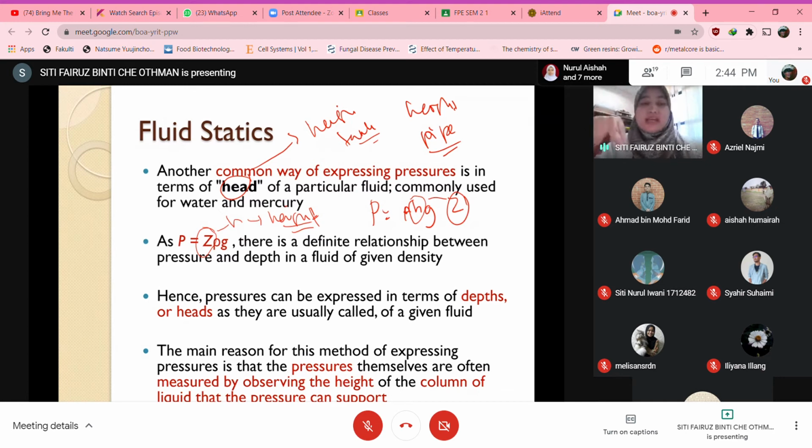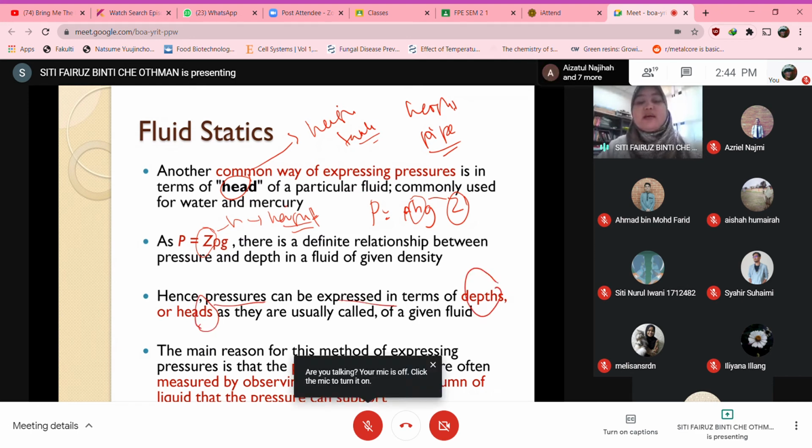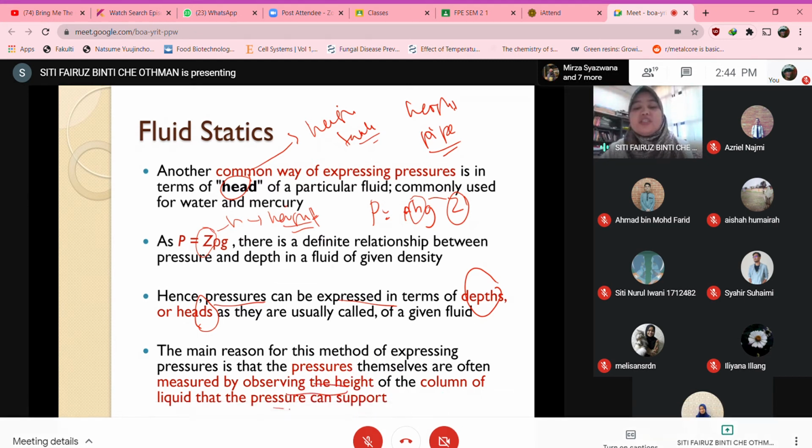Okay, so like I told you before, the pressure can also be expressed in terms of depths or heads, as they usually call it, of a given fluid. Alright, so the main reason for this method of expressing pressure is that pressures themselves are often measured by observing the height, the column of liquid that the pressure can support.